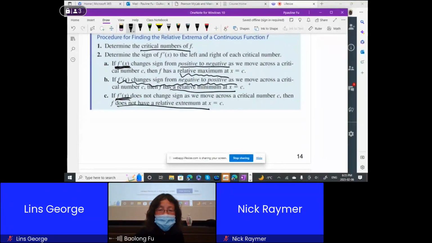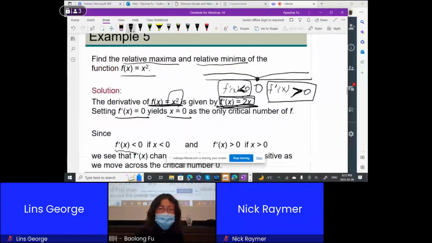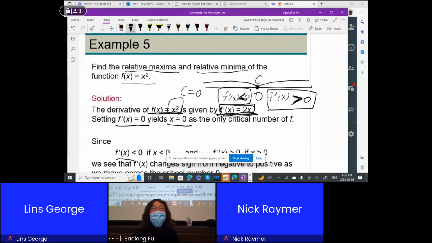In this example, c equal to 0. So this is the point c. At the point c, f has a minimum. Any questions? When the derivative changes from negative to positive, then you have a minimum.